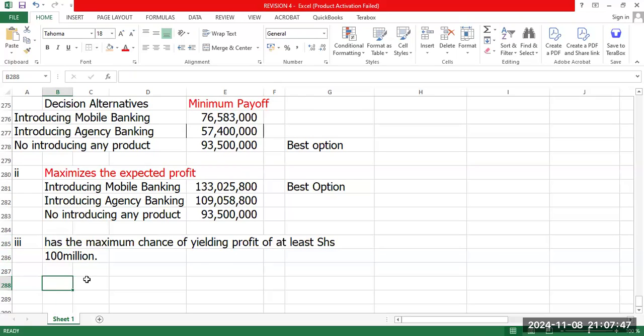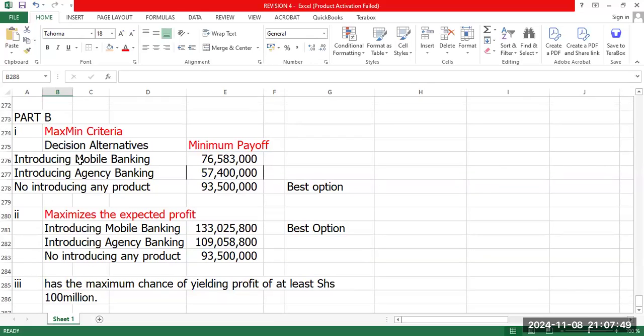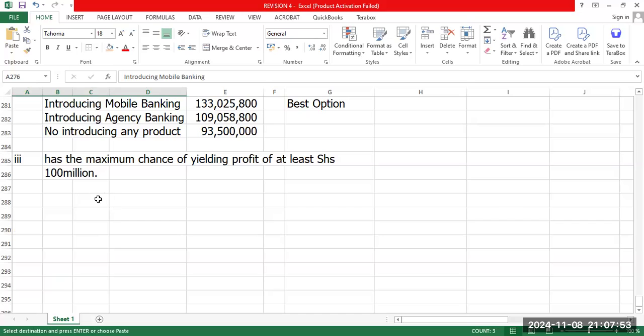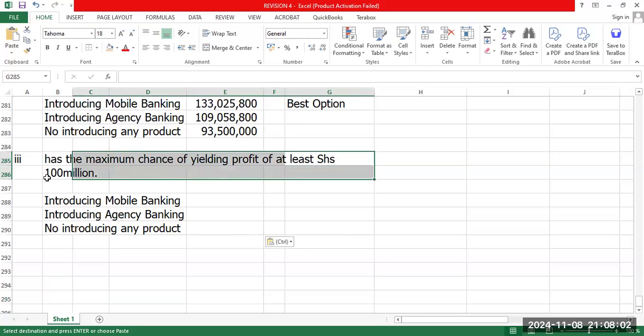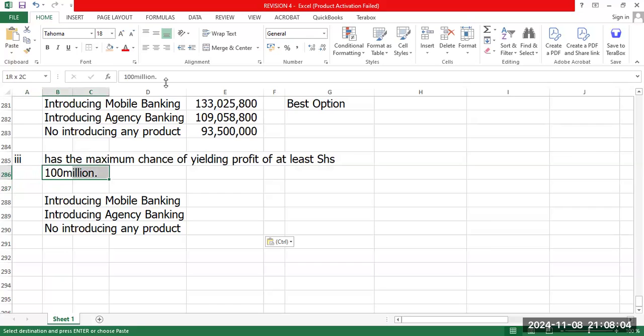So then these are our options. Now, they are telling you at least what? 100 million. At least 100 million. So what are you going to do?